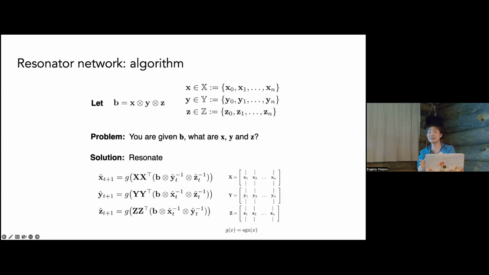Yes, so you're completely right that you could do that. Let me give you some back of the envelope calculations that I've seen when running these algorithms. If you start with an example where there's 150 possibilities for X, for Y, and for Z, then you could do it in 150 cubed comparisons. On the other hand, with the resonator, you're doing a comparison with every item in your codebook times the number of codebooks that you have.